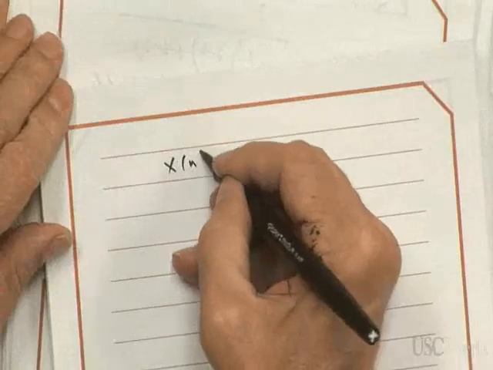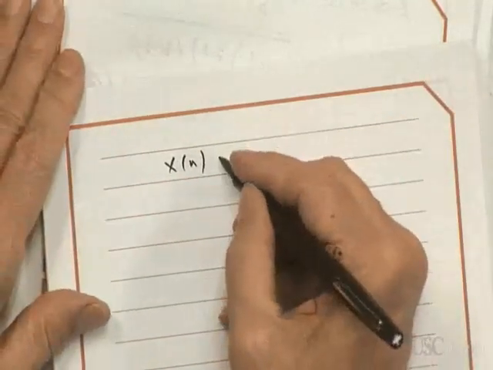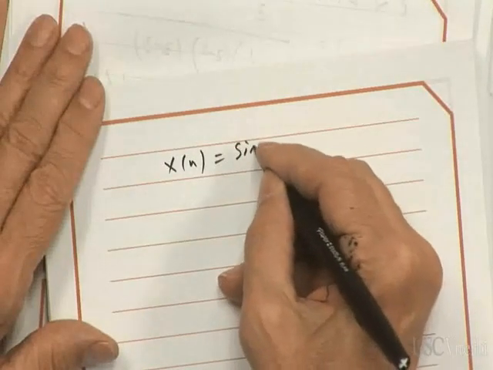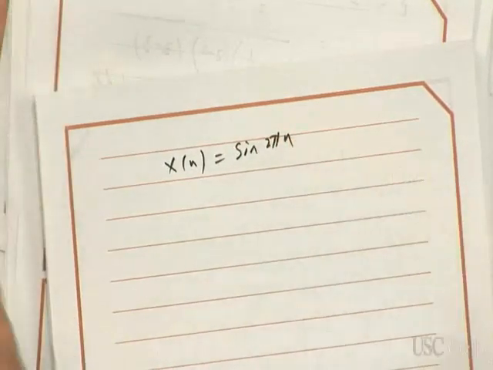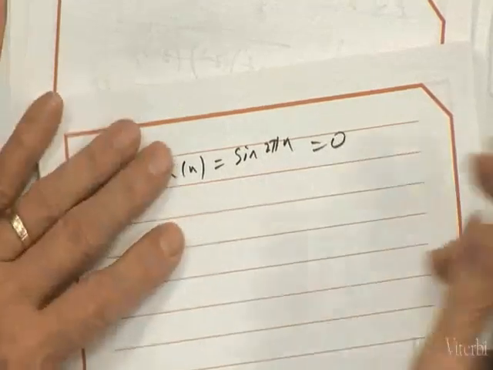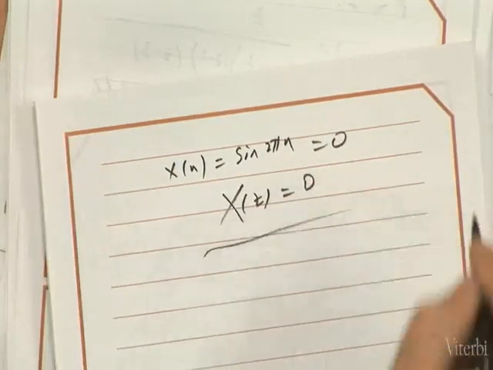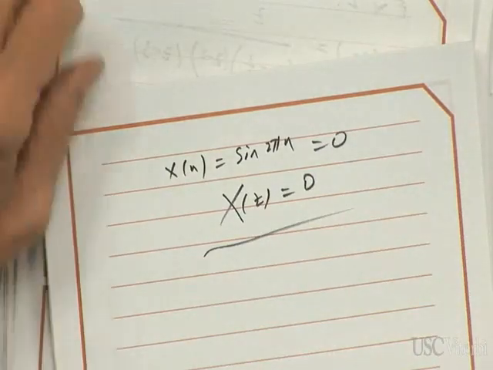Oh, I see what you're saying. Sine, yeah, you're right. That is pretty simple. It's equal to 0, so X of z is equal to 0. Yeah, that's a good point.